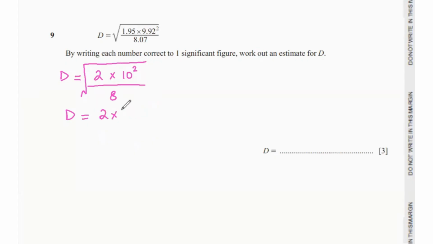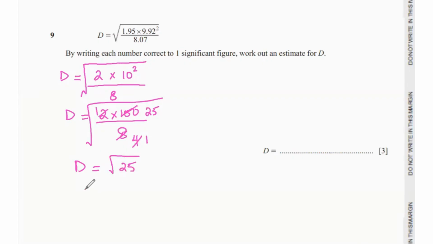So 2 times 100 over 8. 2 ones are 2, 2 fours are 8, 4 ones are 4. And 4 times 25 is 100. So D is equal to the square root of 25, which is 5. That's your answer.